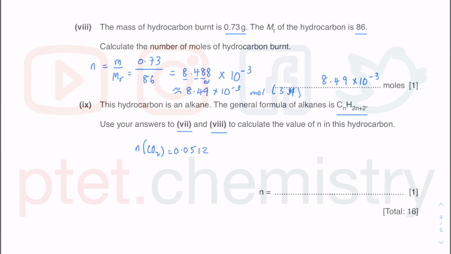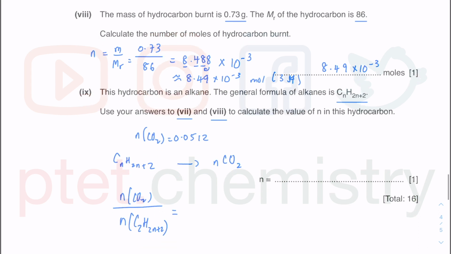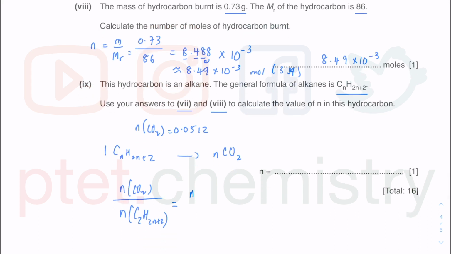0.0512. You can imagine that CnH2n+2 will give you CO2, and there will be n number of CO2. So the mole of CO2 to the mole of CnH2n+2, which is the hydrocarbon alkane, is n divided by 1. It so happened that they've used n not just as the mole, but to represent the number of carbon there.